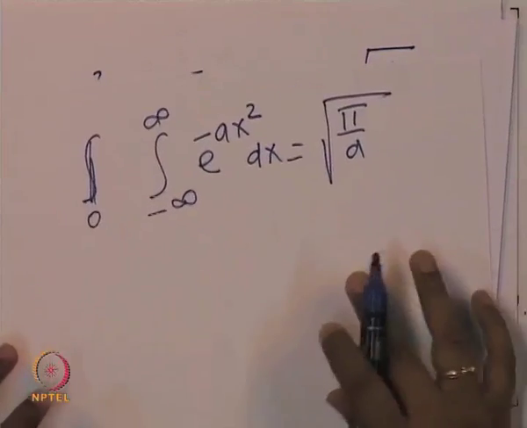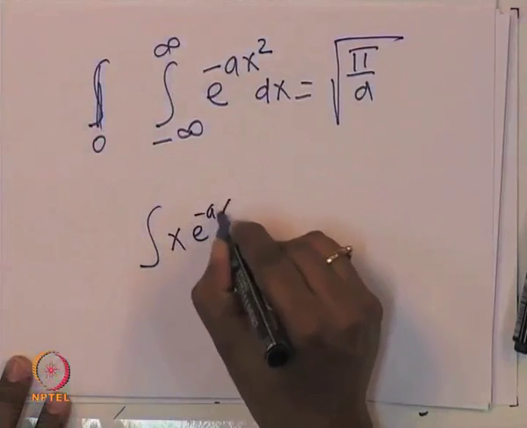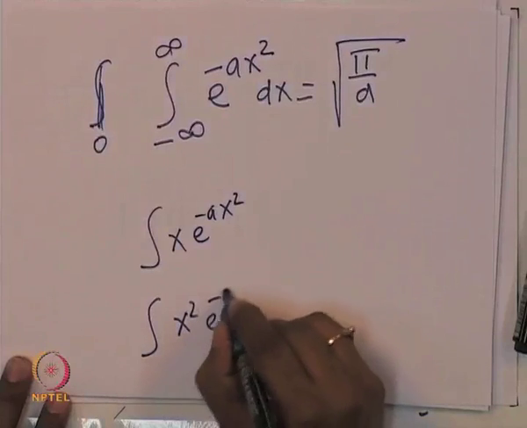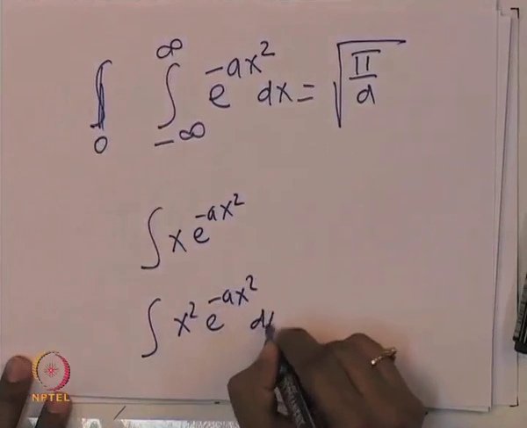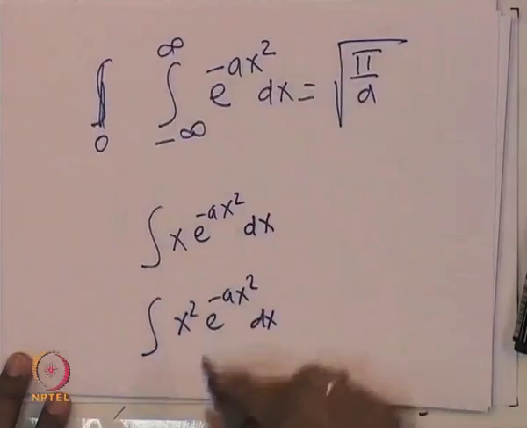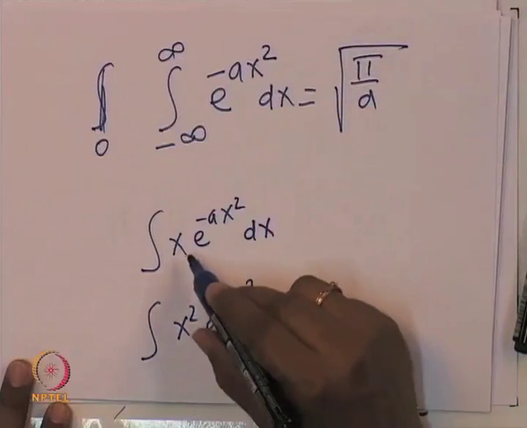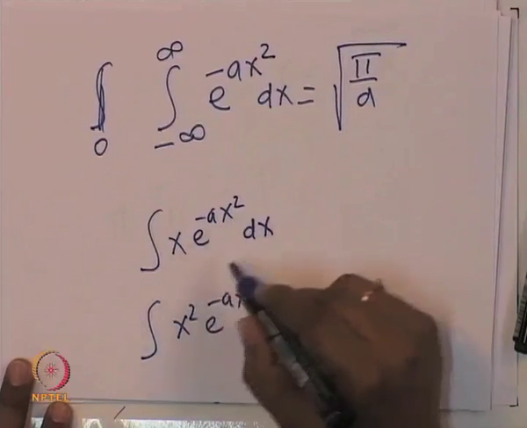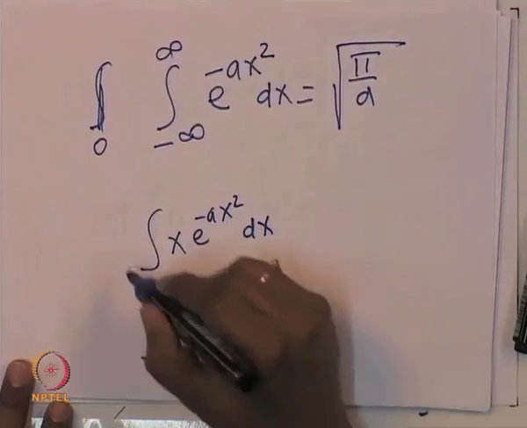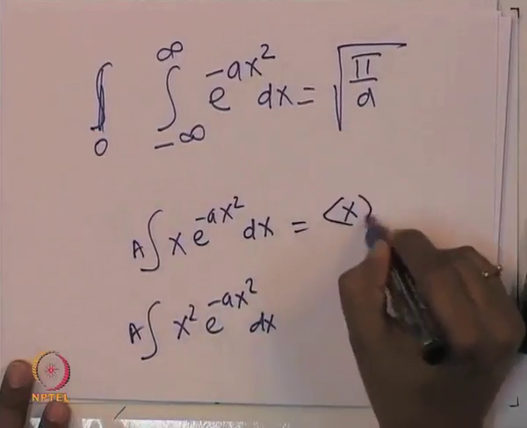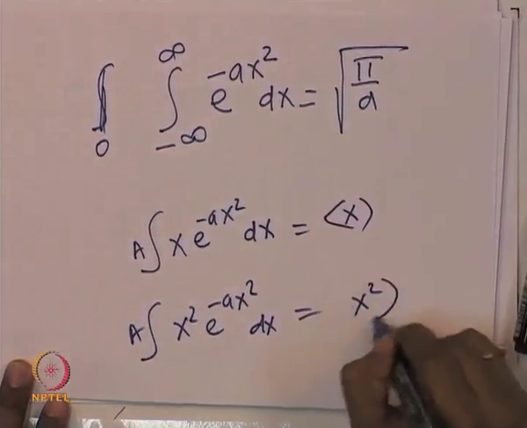Once you know this, you can calculate many other interesting integrals like integral x e power minus a x square dx, integral x square e power minus a x square dx, and so on. If this is taken as a distribution with a constant a, this will become x average and x square average.